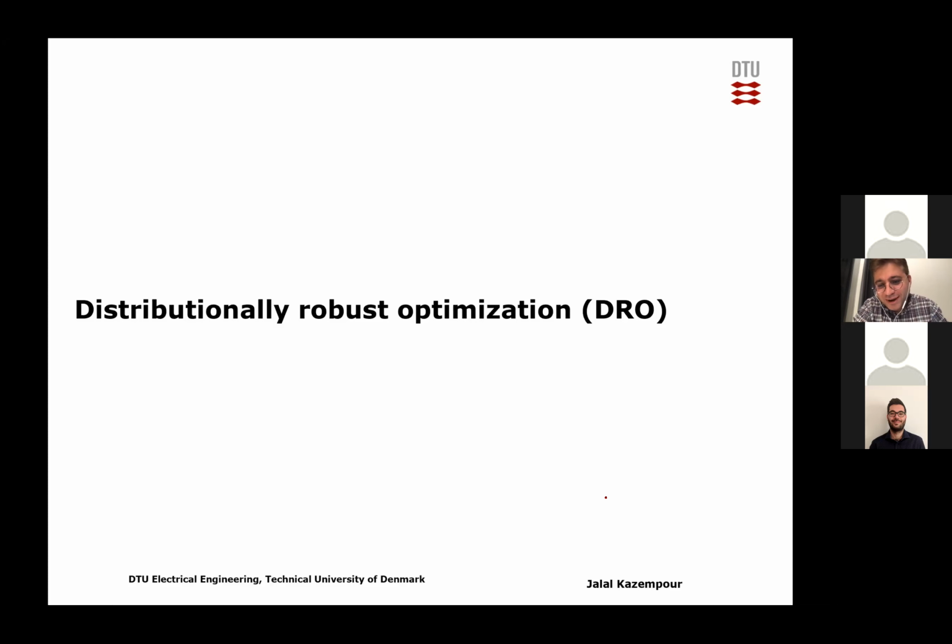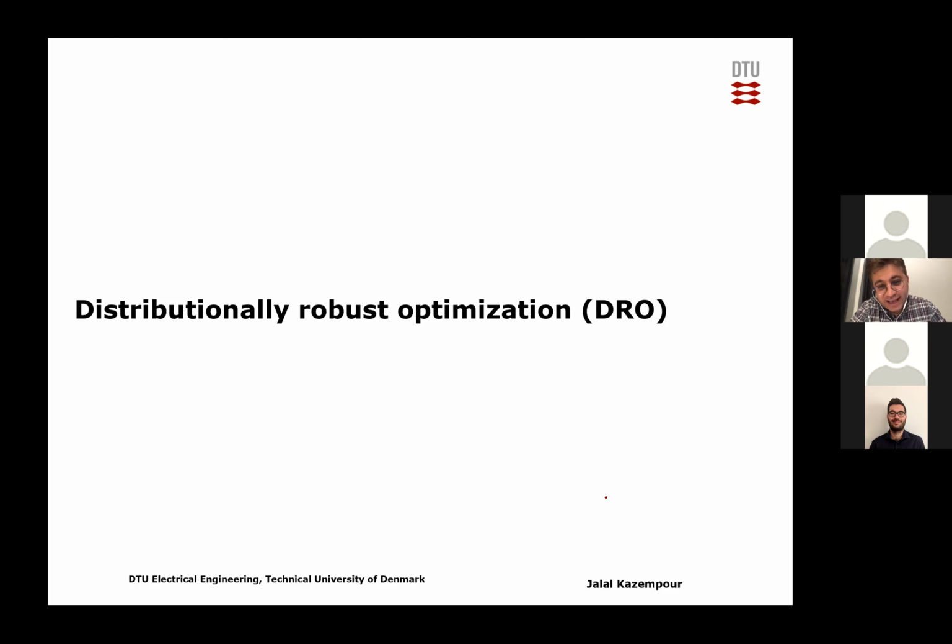So let's talk about DRO. How many of you know what DRO is, or based on the explanations I had so far, can guess what DRO will be? Distributionally robust. It means that it should be robust against distributions. We had an assumption that in chance constraint programming, we exactly know the underlying distribution of the uncertainty.